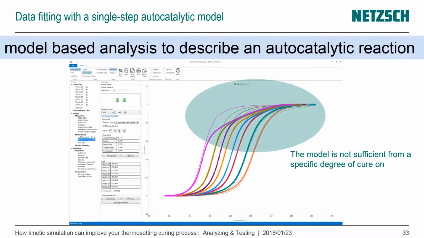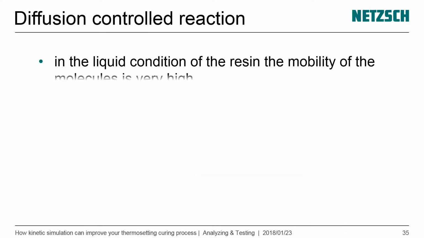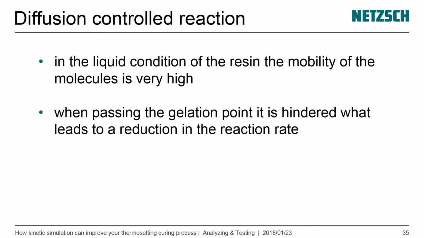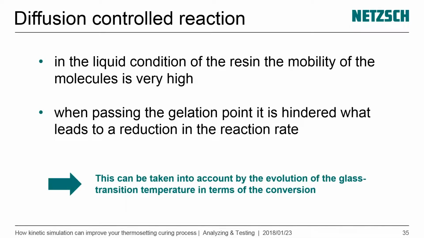Let's have a look to the data again. We overestimated this measurement data from 60% of cure on. So the reaction rate lowered, but we didn't consider. That's what we can see here.